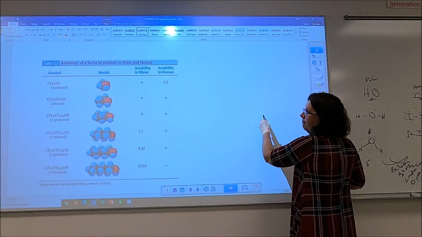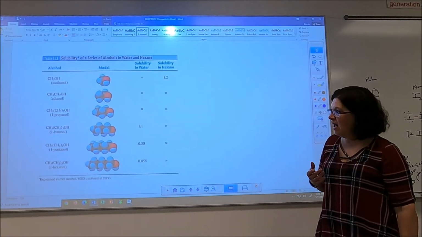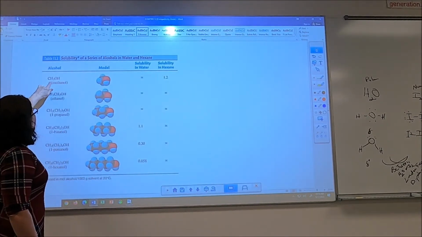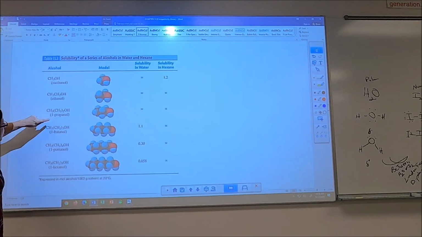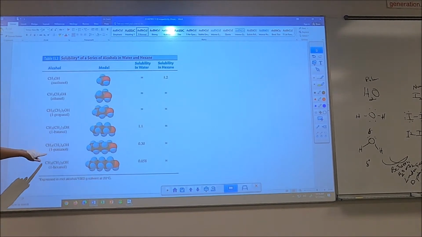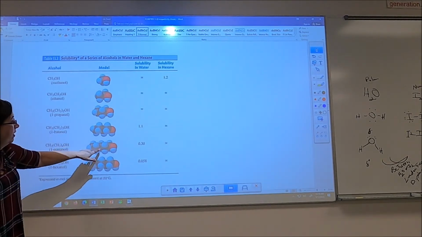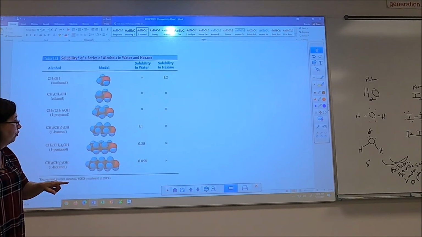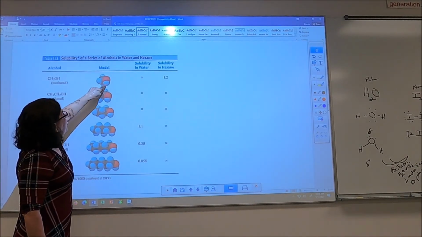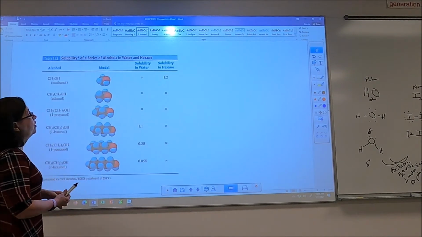Now looking at this list, let's look at some examples. Methanol, ethanol, 1-propanol, 1-butanol, 1-pentanol, 1-hexanol. What's happening here is the length of the carbon chain is increasing. These black circles are our carbon chain, the red is our oxygen, the blues are hydrogen.